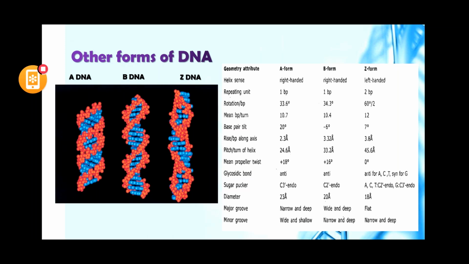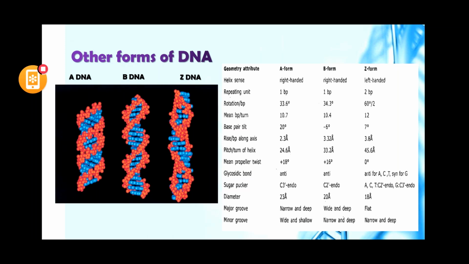The repeating unit consists of purine and pyrimidine only, and because of this repetition, this left-handed helical structure exists. It forms hydrogen bonds in a zigzag manner. The backbone is not uniform like the B form of DNA; the backbone follows a zigzag path, as compared to the B form and A form of DNA.